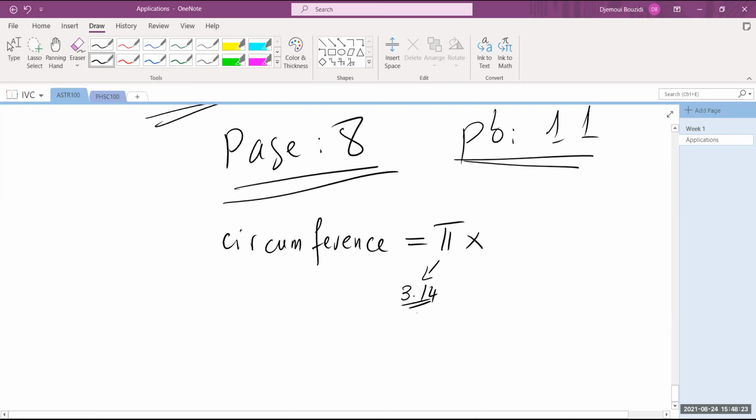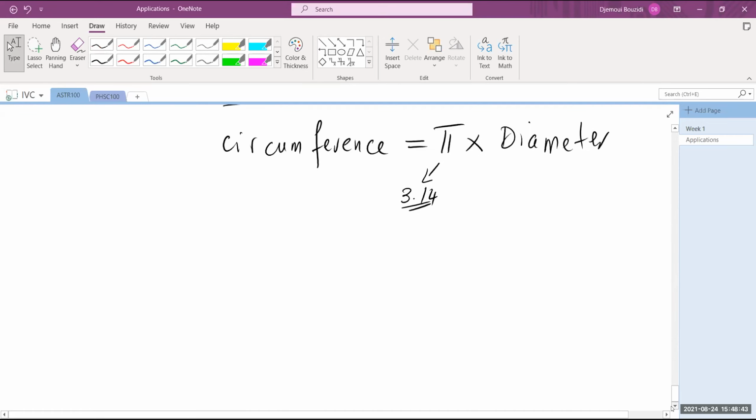Actually, it still has more digits, but who cares? We only care about the main things. 3.14 times diameter. I expect that you guys are writing these things at this point. Okay, you're following with me? So that's what the book has written for us in between parentheses.